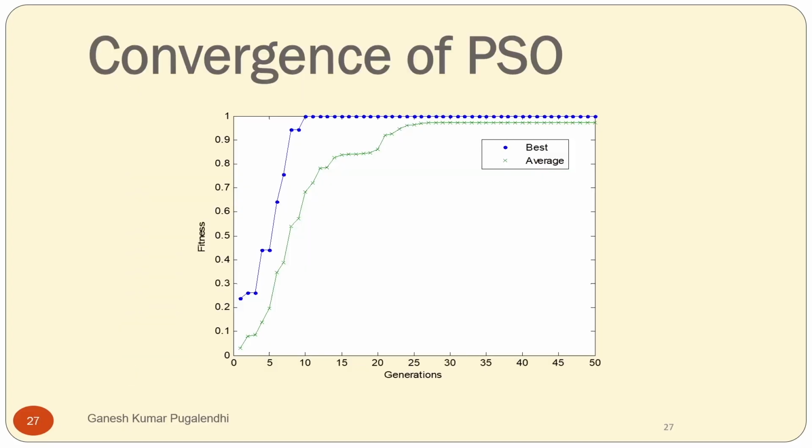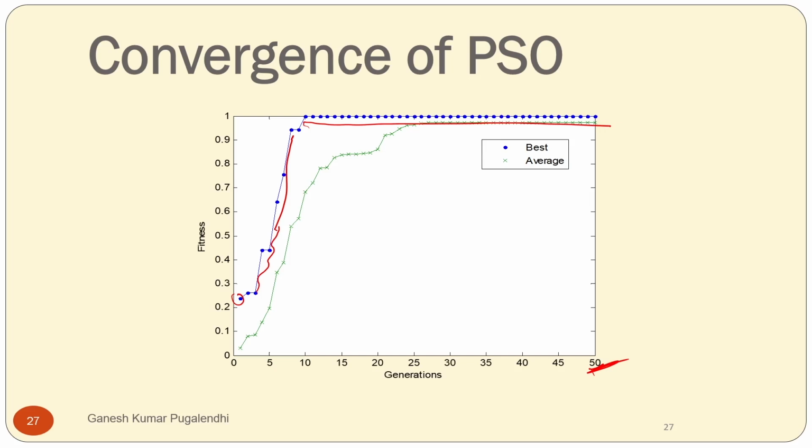So like this you have to record for all the generations, and you can see that the average fitness value as well as the best fitness value keep on increasing. If you check this entire process with 50 iterations, the fitness value that is around 0.21 keeps on increasing. See, in the beginning generations there is a steady increase, but over a certain period of time there is no increase, and the fitness value gets stable, and this marks the convergence of the algorithm.